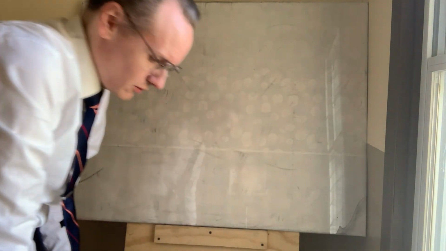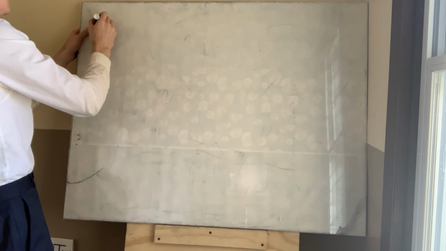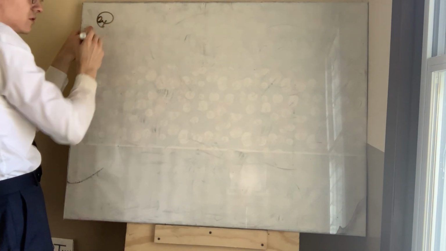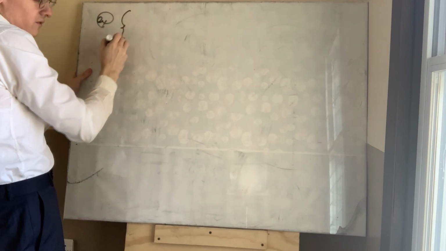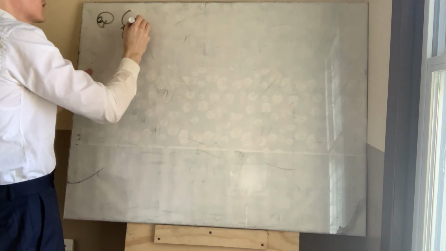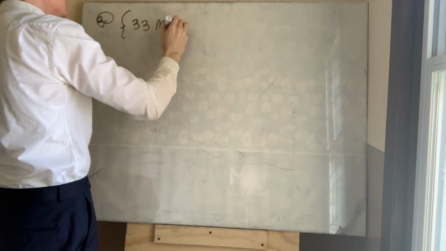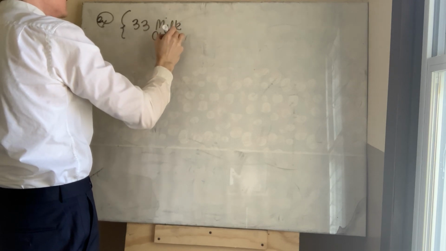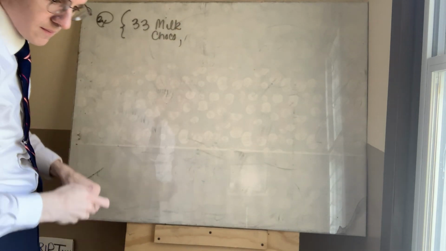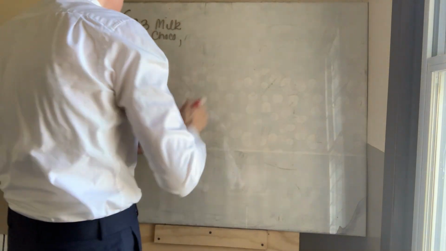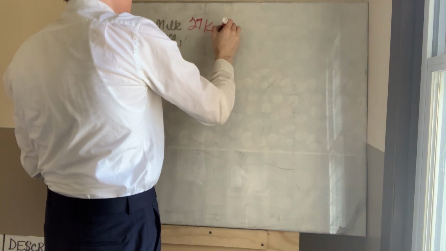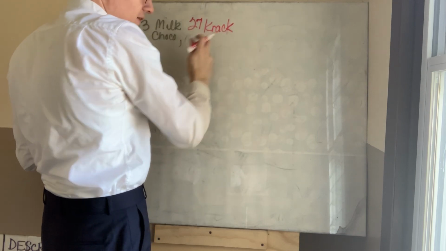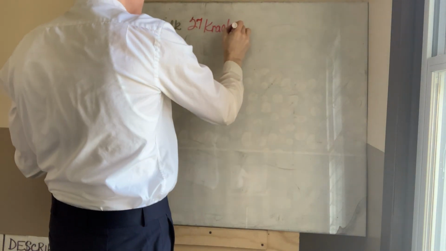If you want, you don't have to do this, but to answer these word problems, here's what the set would look like, very abbreviated. 33 milk chocolate, 27 crackles, which are not bad. I really don't mean to diss them, but they're not my favorite.